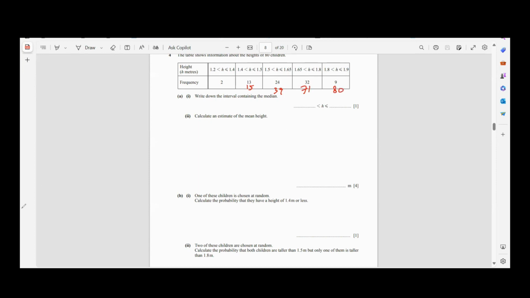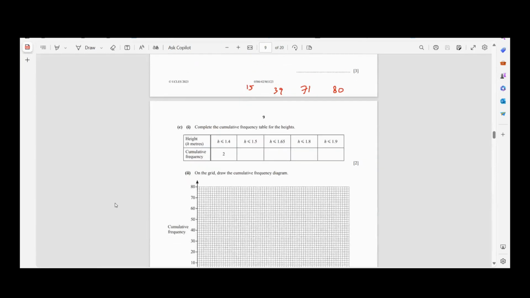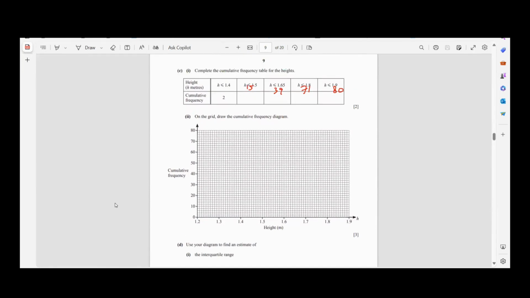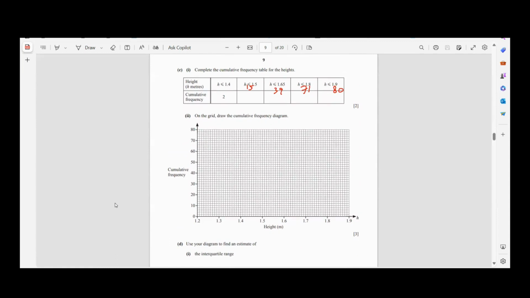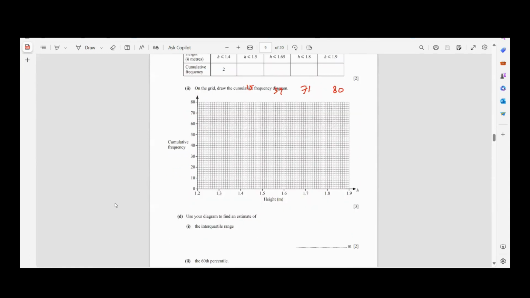So that is for the cumulative frequency.